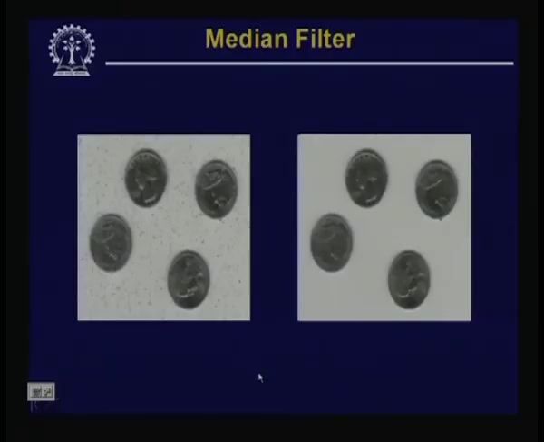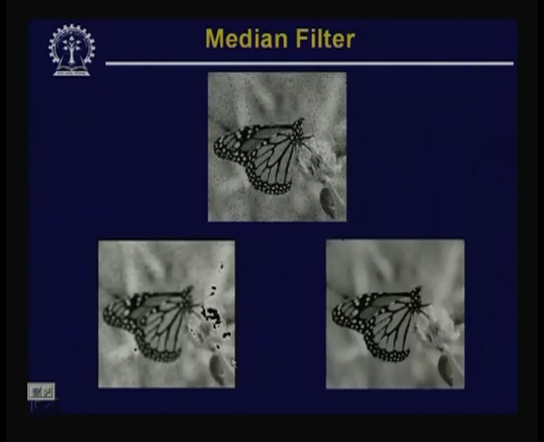To show the advantage of this median filtering, we take another example. This is a noisy image of a butterfly. On the bottom left, the image shown is an averaged image where the averaging is done over a neighborhood of size 5 by 5. On the bottom right is the image which is filtered using the median filter.